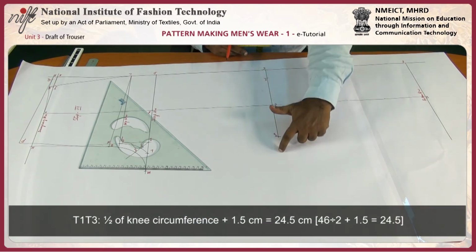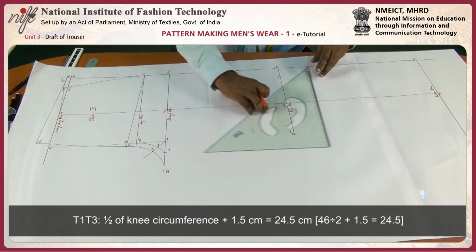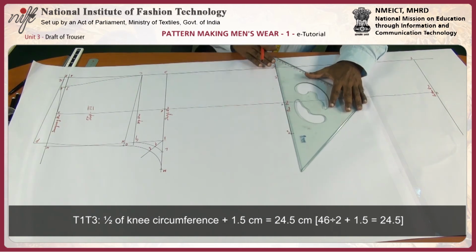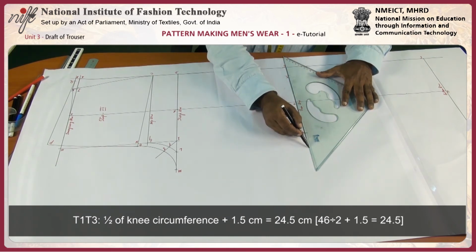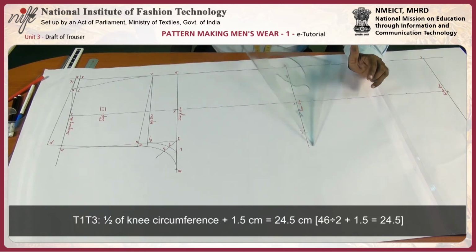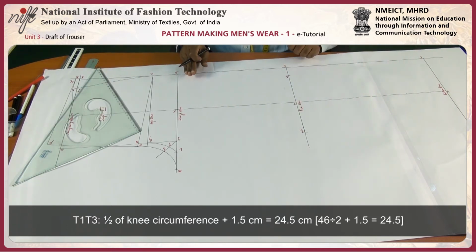From T1 to T3, extend this line half of knee circumference plus 1.5 centimeter, which will be 24.5 centimeter.